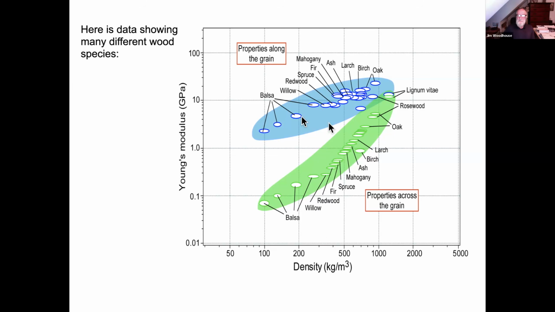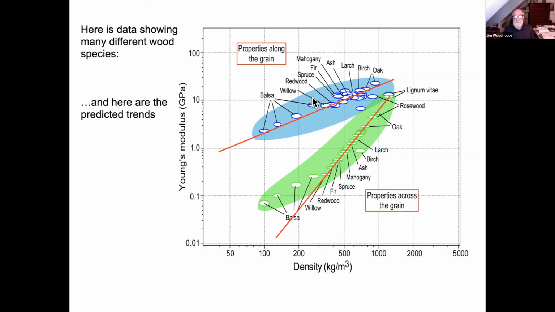Now here's data collected from a database of lots of different kinds of wood, long grain stiffness and cross grain stiffness, all joined up by this kind of blob here. Well, the predictions that I just made on the previous slide turn into these two red lines here.